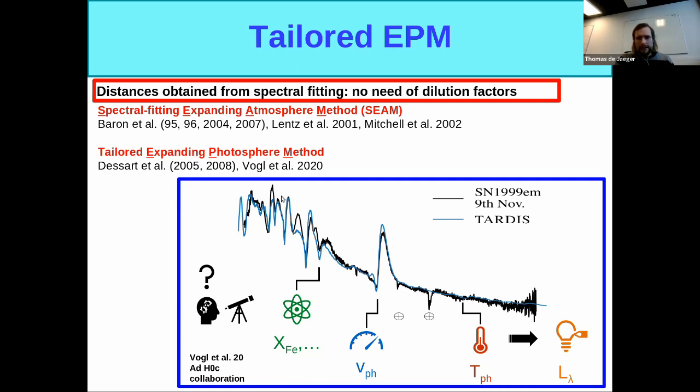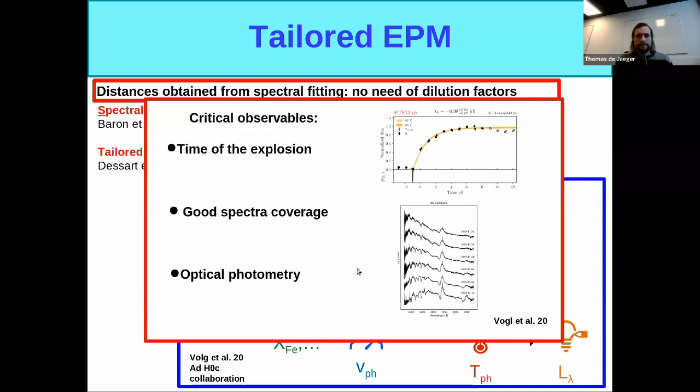So in black, you have the type 2 supernova 99em, one of the most famous type 2 supernovae. And in blue, you have the fit from the emulator. So from the fit, you can obtain what you need: metallicity, velocity, and temperature. So then you can apply the EPM without the need of a dilution factor.